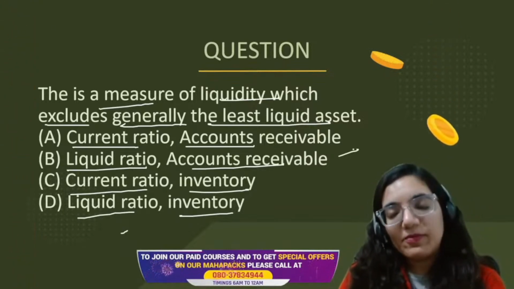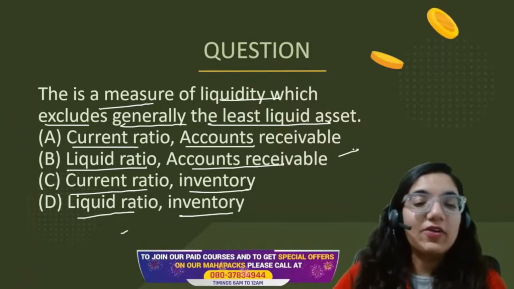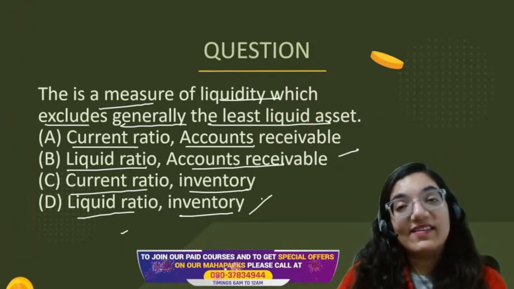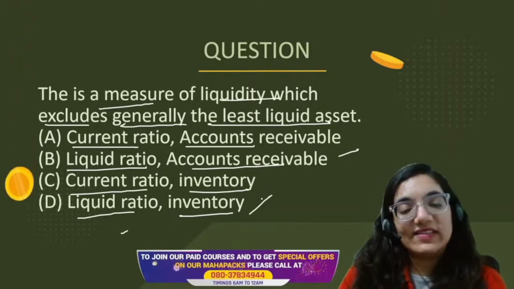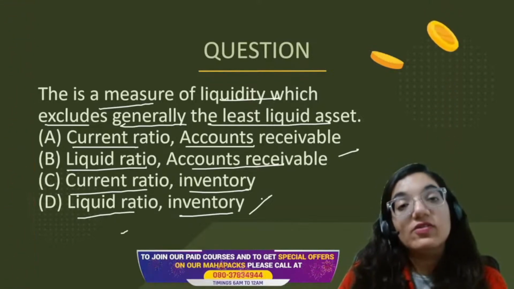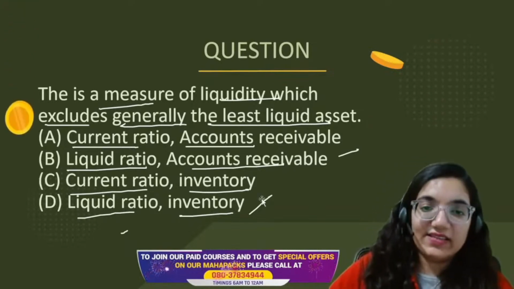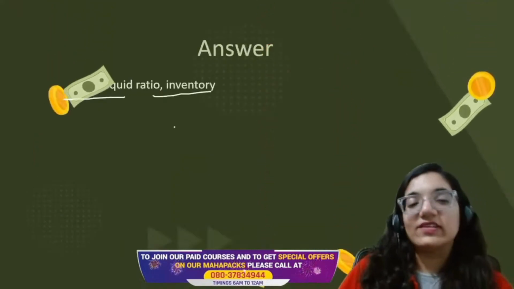Bill receivable can be pressurized, debtors can be pressurized, but you cannot pressurize and sell off your entire inventory, even if you try very hard, right? Until or unless you go on a loss, you will not be able to sell these things. So liquid ratio, inventory. In this case, the correct answer is liquid ratio, inventory.